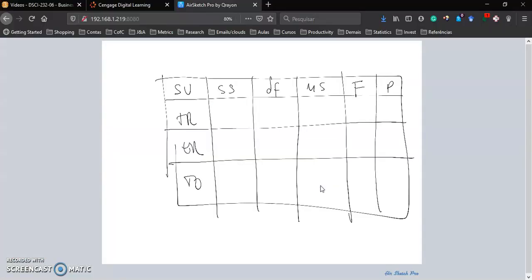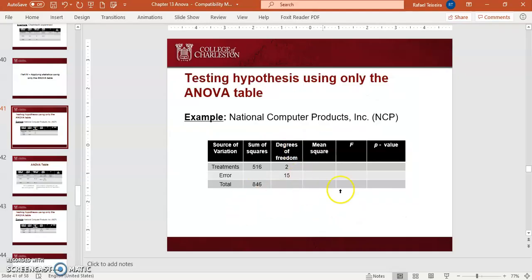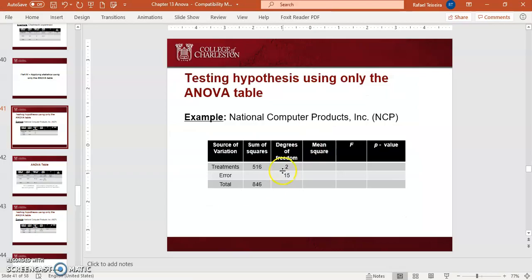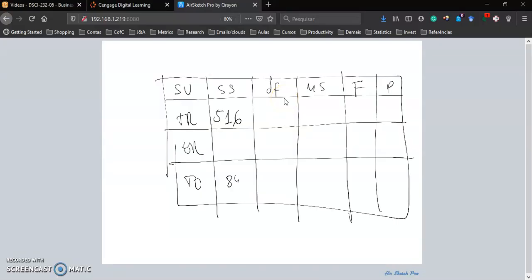Okay, so what I did is I simply have the same table from here to help show you. So the first piece of information I have is 516, second piece is 846, and here is 2, and here is 15. Okay, so this is what I have.